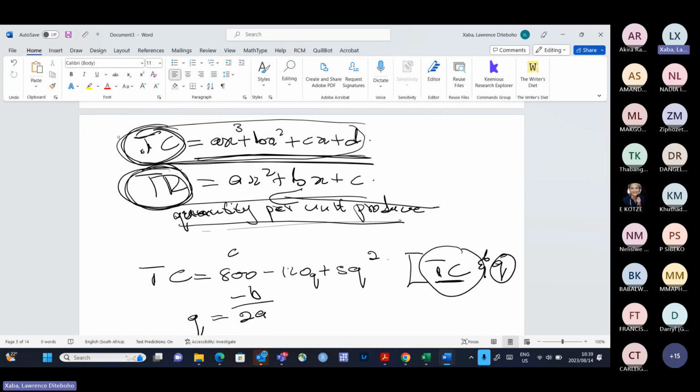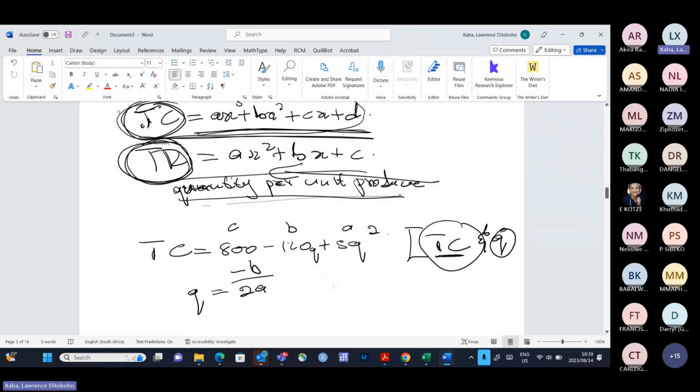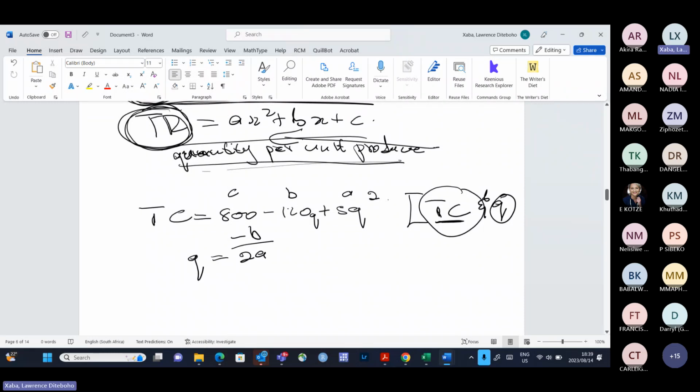Because now we don't have a cube, it becomes C, B, A. So looking at this formula, we need B and A to get a turning point. So we go to the given equation. We say minus 120 divided by 2 times A. Our A in this case is 5.